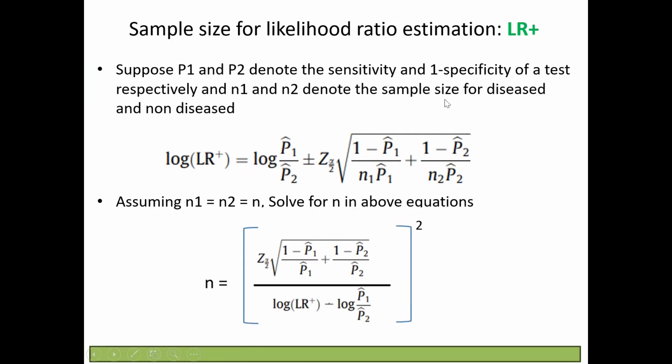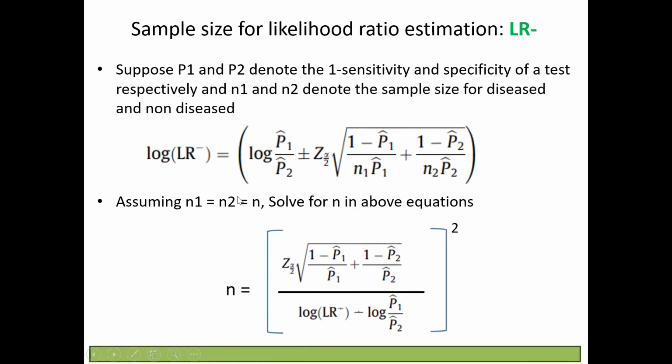N1 and N2 denote sample size for diseased and non-diseased. If we assume that both are equal, then this is the sample size on the basis of positive likelihood ratio. And this is the sample size on the basis of negative likelihood ratio.